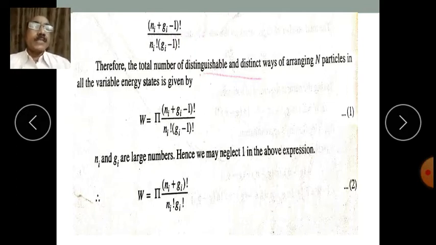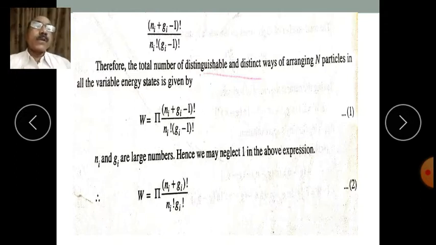So this is for one energy level, where we have to distribute Ni particles in Gi sections having Gi minus 1 partitions.